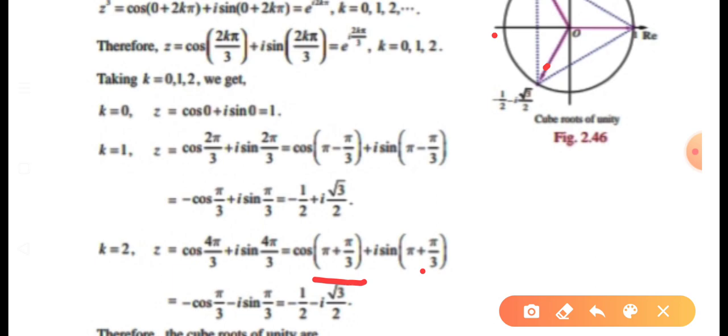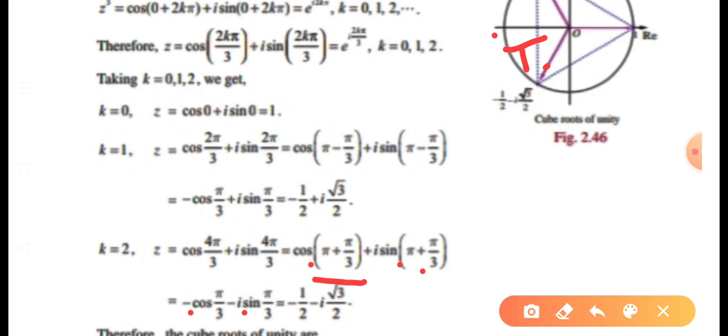π plus θ, third quadrant: all student take. Here we write T, that is tan and the reciprocal of tan, cot. So tan and cot only get a positive symbol. Here we have cos and sin, so both get a negative symbol. So first we write the negative sign. Symbol over.